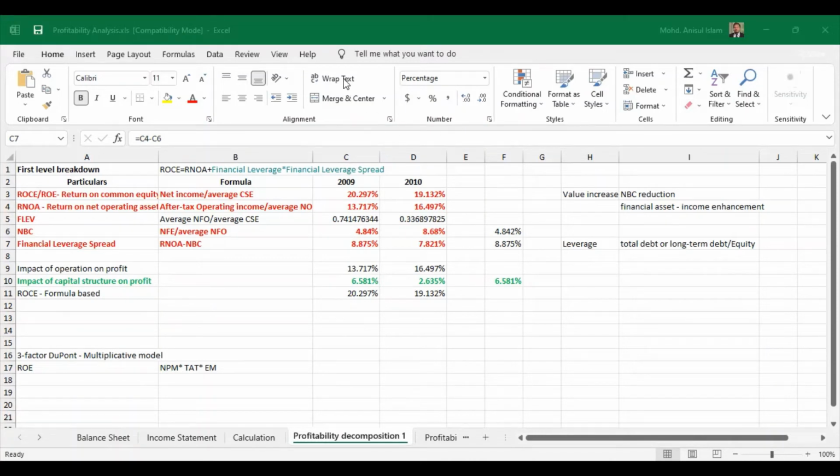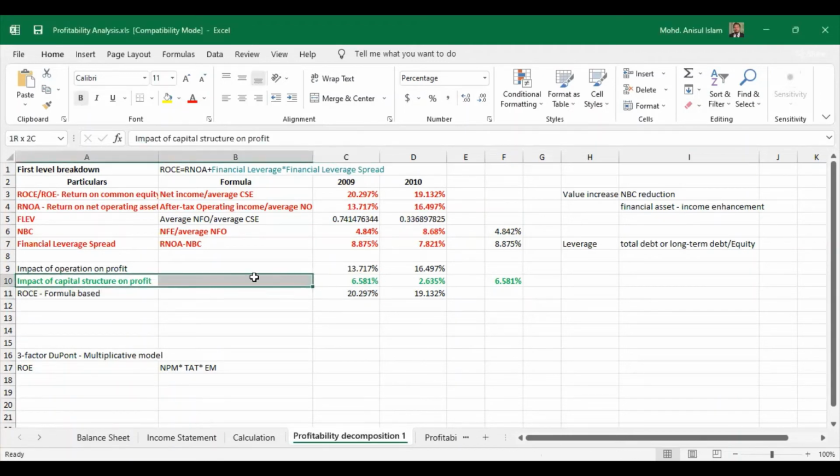So foreign loans come at a lower borrowing cost. So when foreign loans come at a lower borrowing cost, they will have a lower net borrowing cost, and they will give more spread. And we see that in that case, the impact of capital structure on profit will be a bigger number. Okay, other things remaining same.